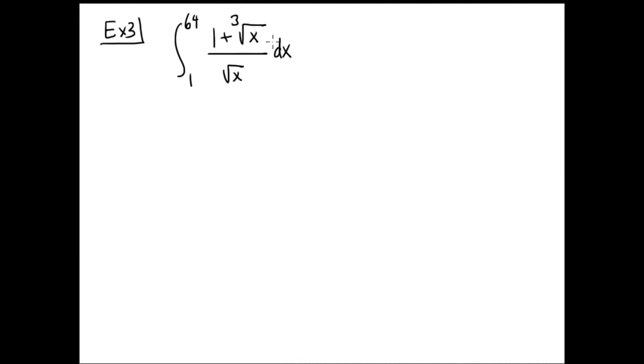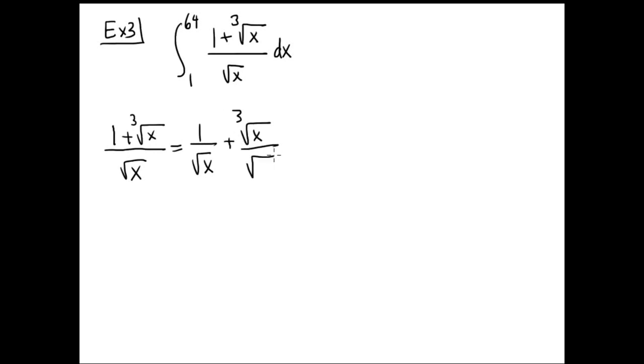Okay, this is a little bit more complicated. I recommend doing some algebra first. So I copy the integrand function along. I separate into pieces: 1 over radical x plus cubic root of x divided by square root of x. You express this using fractional exponents.